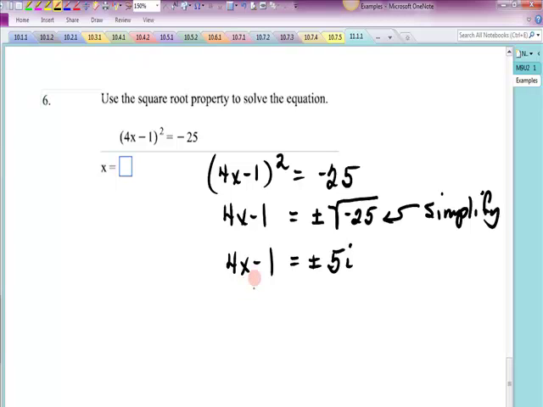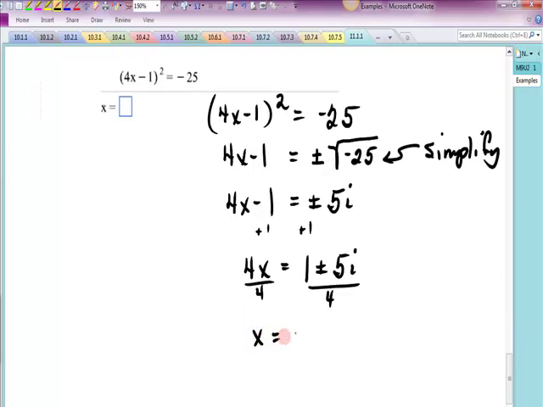I need to finish solving for x, so add 1, do it in front. I have 4x is equal to 1 plus or minus 5i. Divide by 4. And I have x is equal to 1 plus or minus 5i over 4.